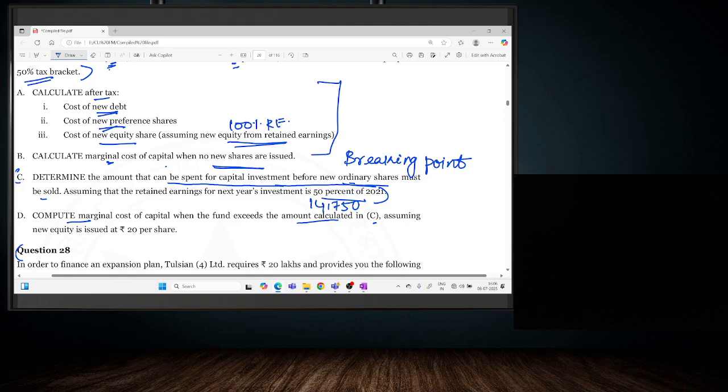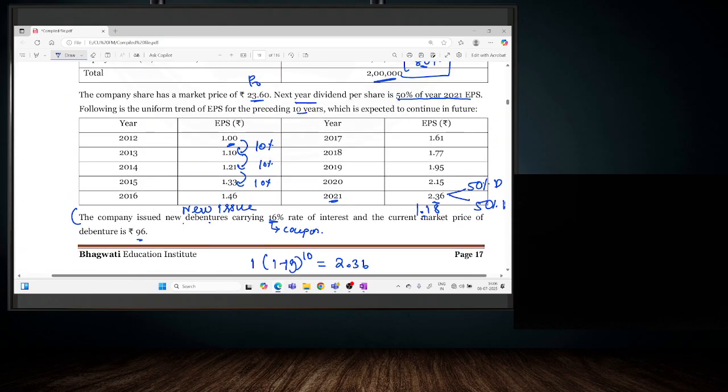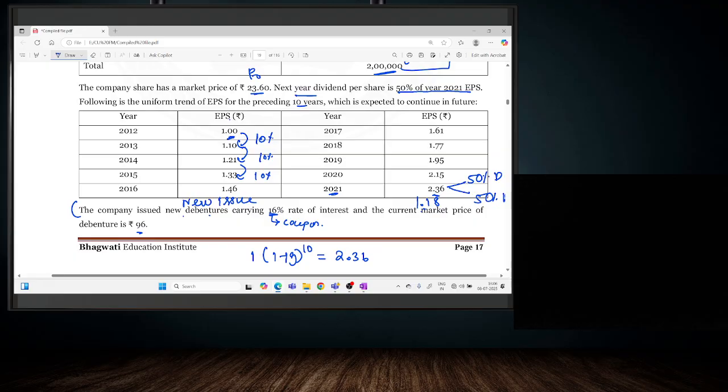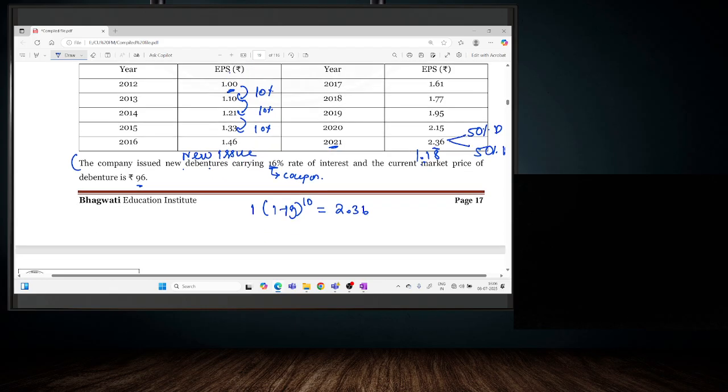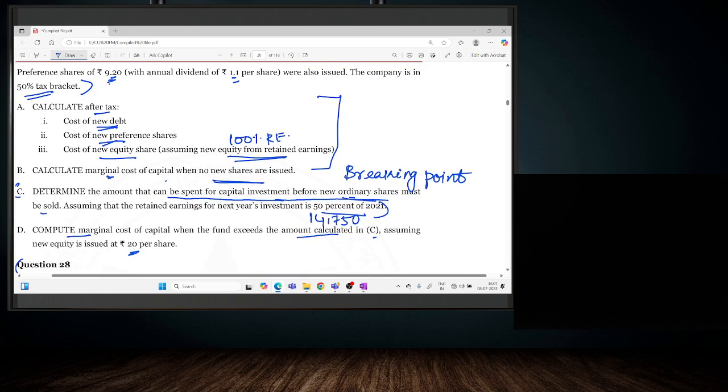So if you want to go beyond 14,750, you have to issue additional equity shares. Assuming new equity shares are issued at rupees 20 per share. What is the existing market price? 23.6. But we are issuing the new shares at rupees 20, not at 23.6. Because new shares will be issued either at the current market price or lower than the current market price. In this case, it is issued at 20 rupees per share.